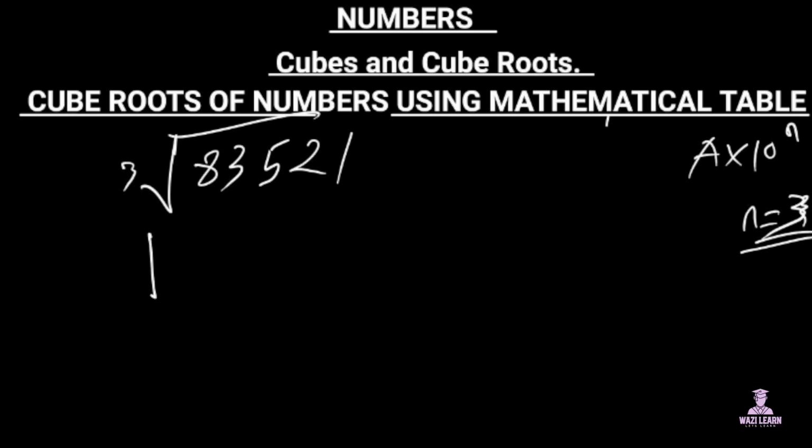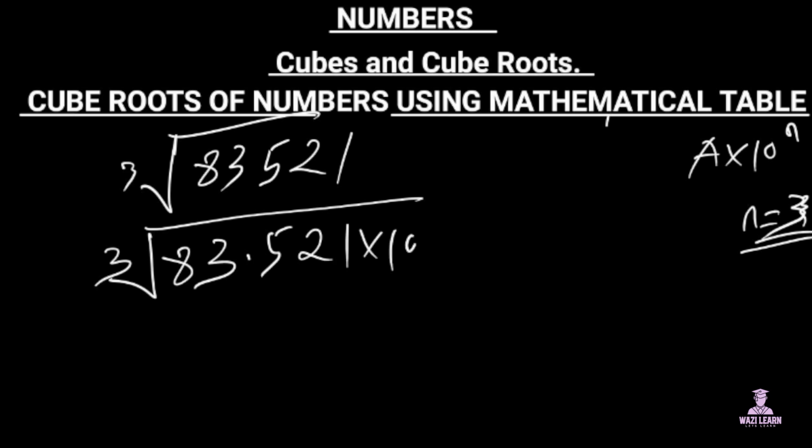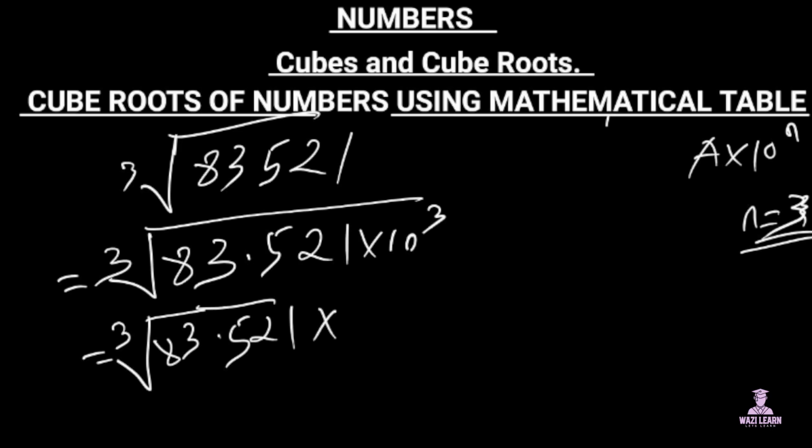So it will be find the cube root of 83.521 times 10 raised to power 3. Writing this one individually, it will be the cube root of 83.521 times the cube root of 10 raised to 3. So the cube root and cube will cancel. So it will be times 10.